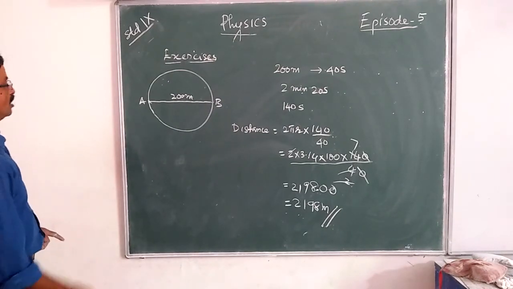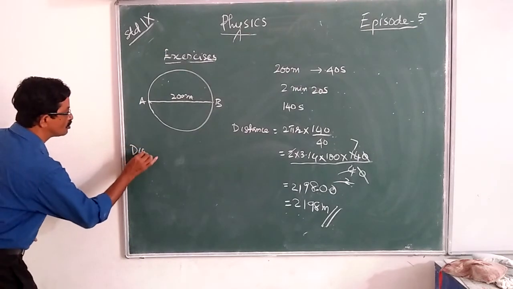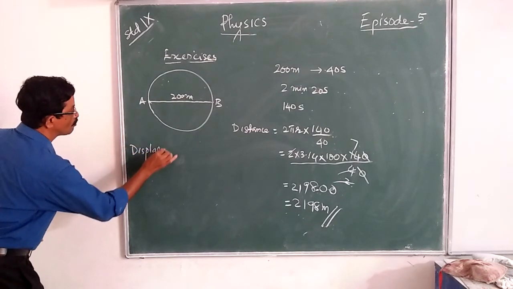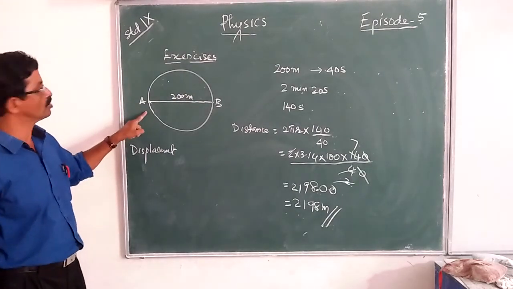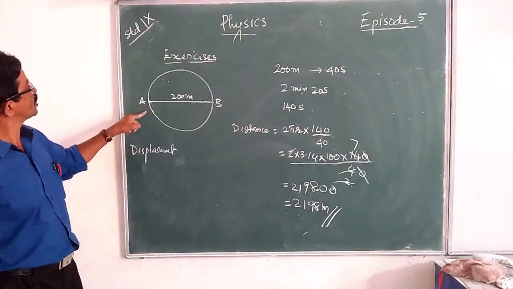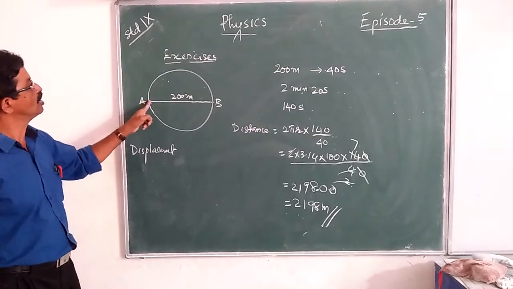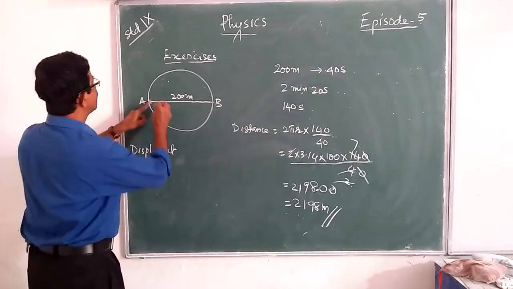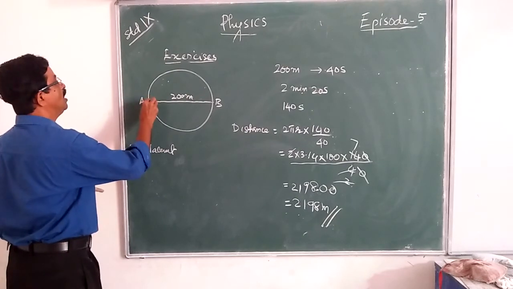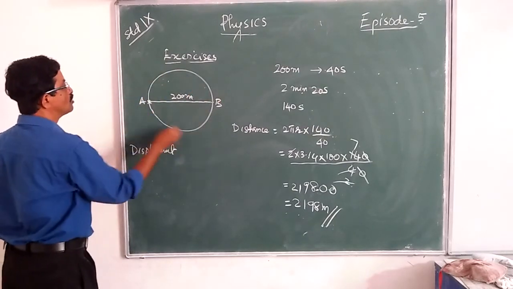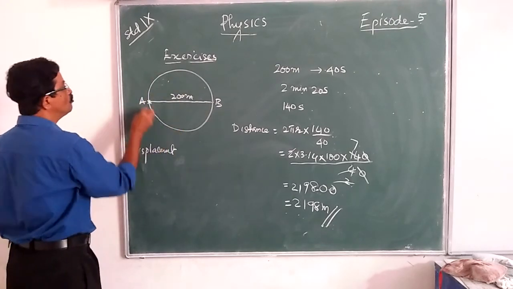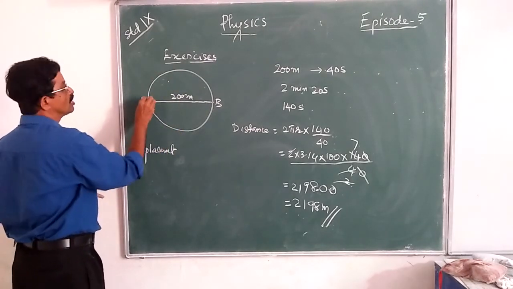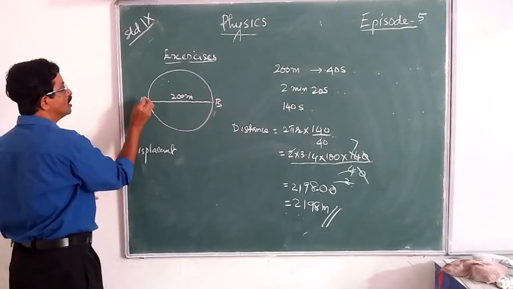Now we want to find out the displacement also. We know he starts from A. After the first 40 seconds he comes back here, again another 40 seconds he comes here, again another 40 seconds he comes here.